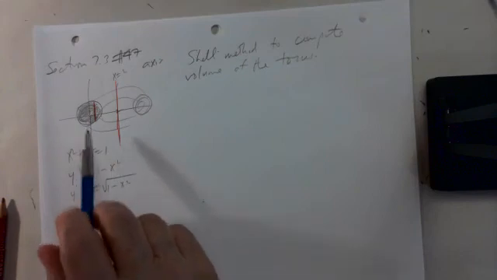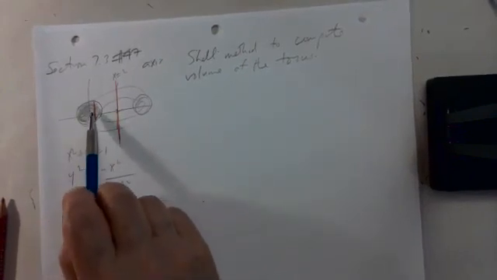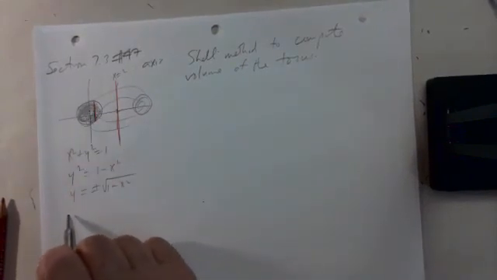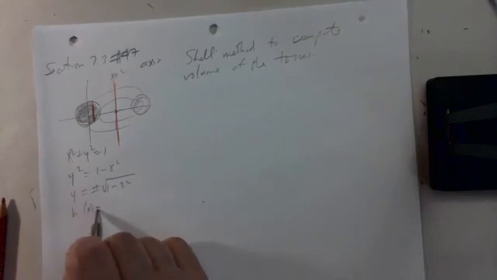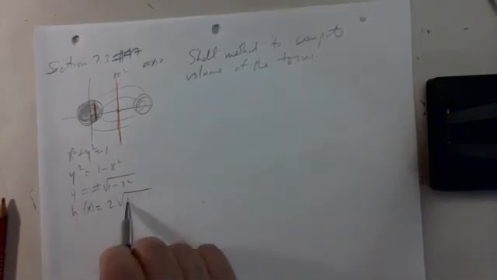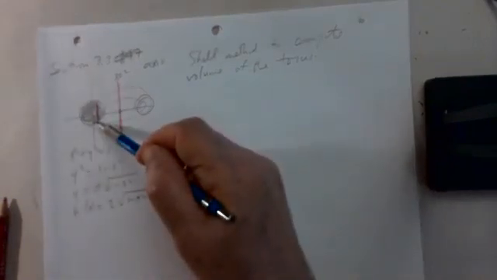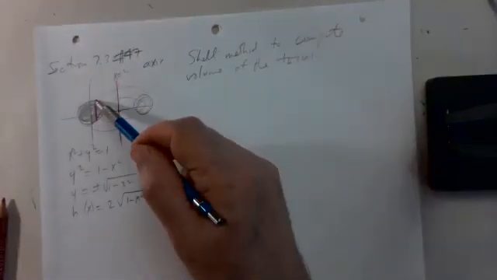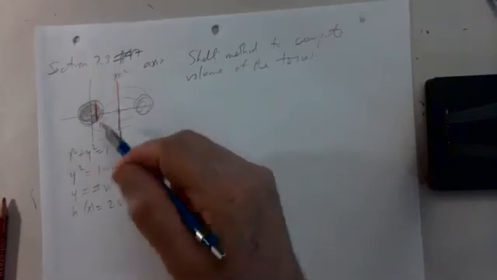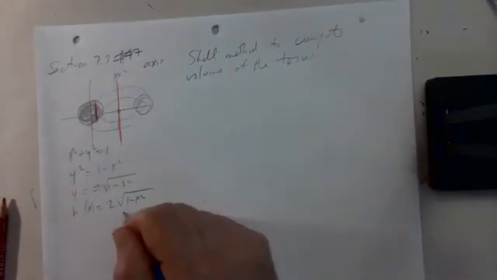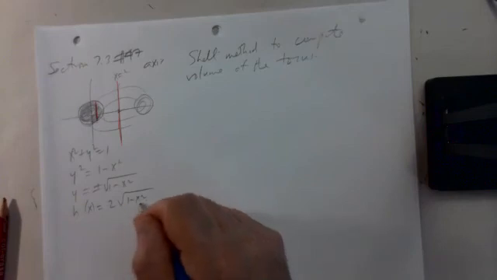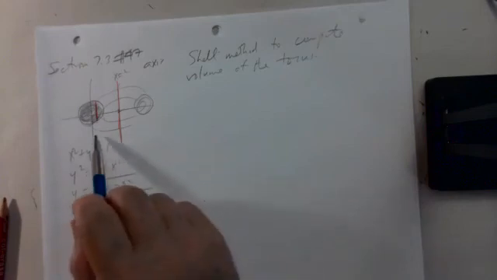is h of x, which is 2 times the square root of 1 minus x squared, from minus square root of 1 minus x squared to plus the square root of 1 minus x squared. That height h of x is 2 times the square root of 1 minus x squared.